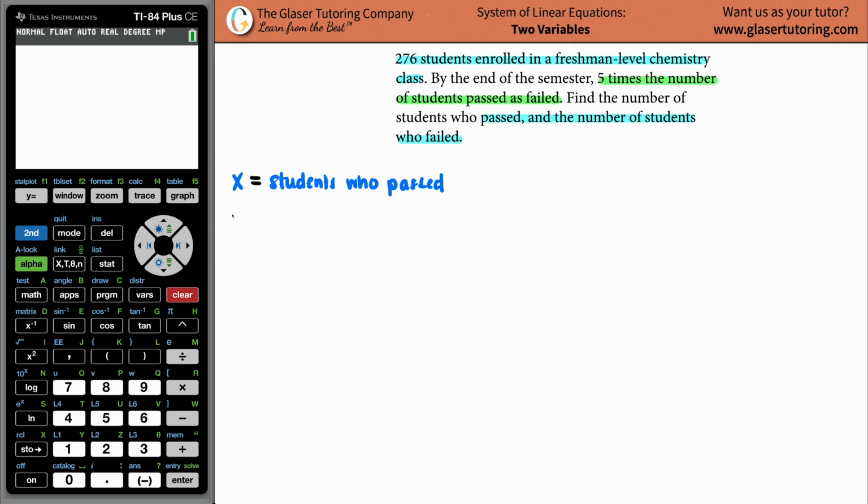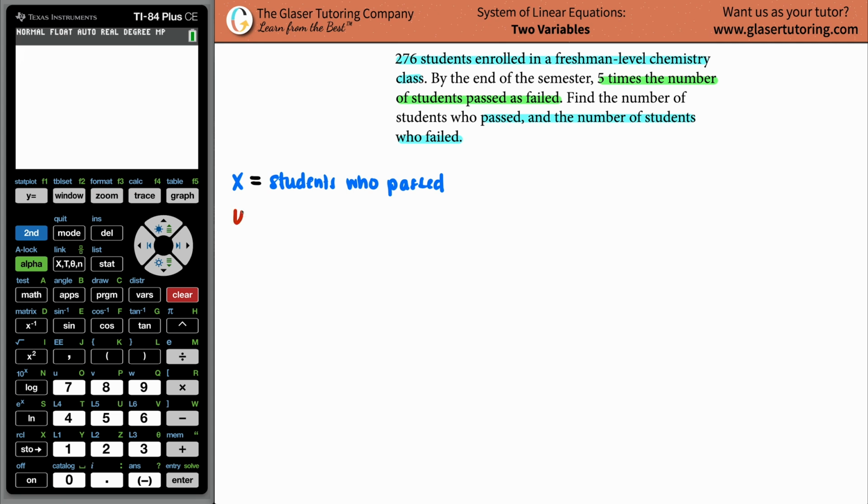Now, if I use X again, that means that the number of students that passed and the number of students that failed are going to be the same number. But in the second sentence, they said that 5 times the number of students passed, then failed. So we know that they're not the same number. So I can't use X. I have to use another letter.